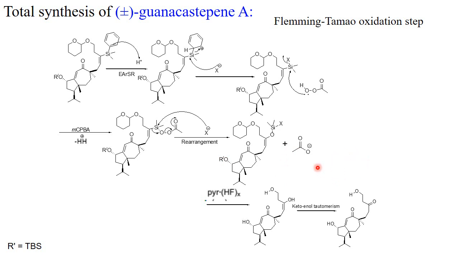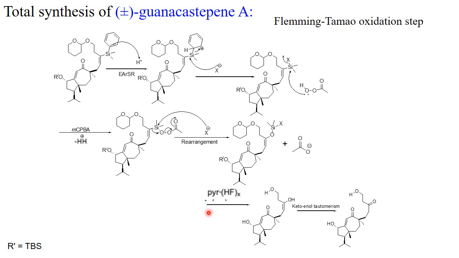This silane compound quickly reacts with peroxide, that is, a peracid. That peracid is metachloroperbenzoic acid. In metachloroperbenzoic acid, the lone pair of oxygen attacks at the Lewis acid center, that is the electrophilic center, which is the silicon atom, and X leaves as a leaving group. So we have this type of intermediate.